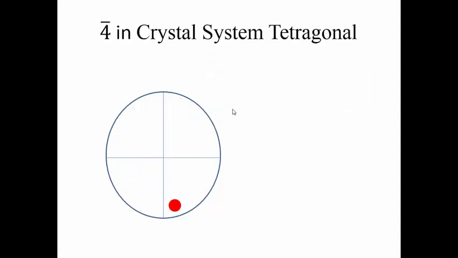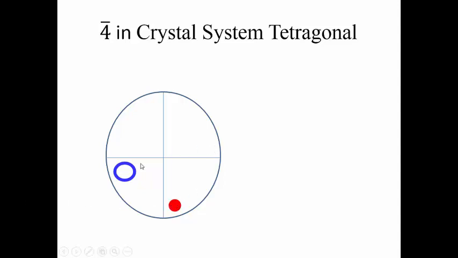Similarly, for the 4 bar, we go counterclockwise by 90 degrees, and then we go through the inversion. We go counterclockwise by 90 degrees. We come in through the inversion. You have to be really careful about that. I was going to edit that out, but I thought I'd leave it in just to show you how careful you have to be. So you go counterclockwise. I know all our clocks are digital.